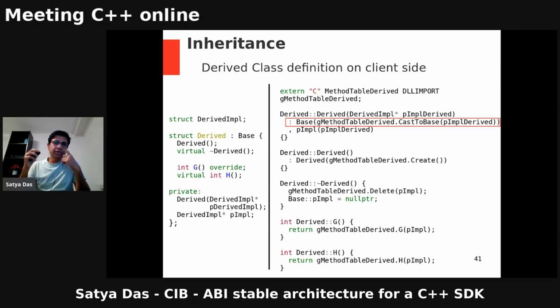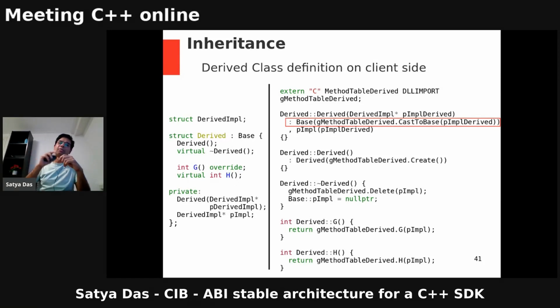The one thing to notice here is that the constructor of the derived class that constructs from the implementation pointer will be calling the base class constructor that constructs from the implementation pointer of the base class. And while calling the base class constructor, it will be passing the value that it receives as return value from cast to base.